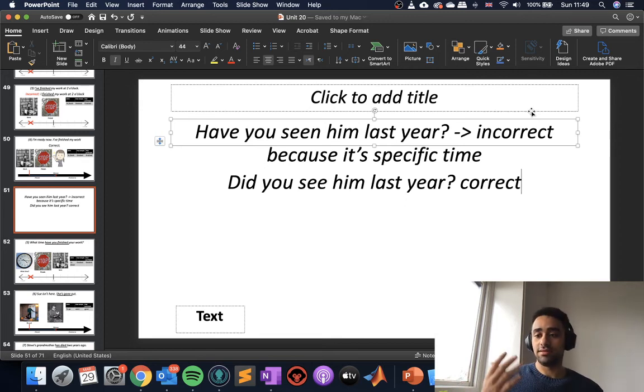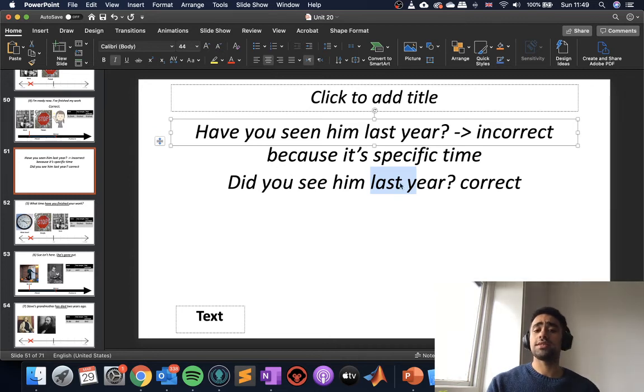I think the more correct way is, did you see him last year? However, people might ask this. You can still use it in conversation. People will not be very confused, but there are sometimes things we use in conversation that are not necessarily correct. But we have a specific time, last year.